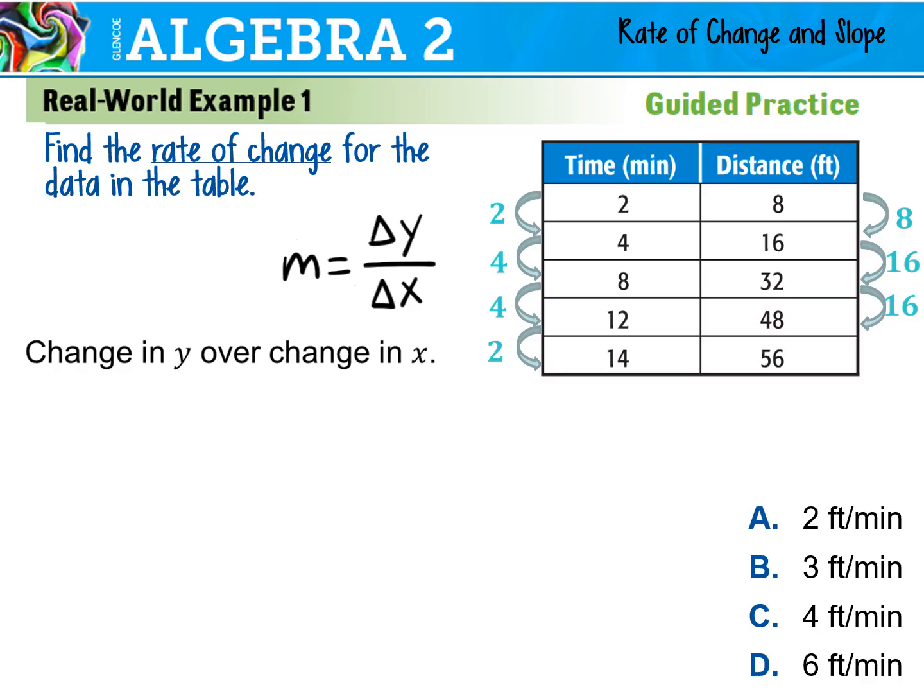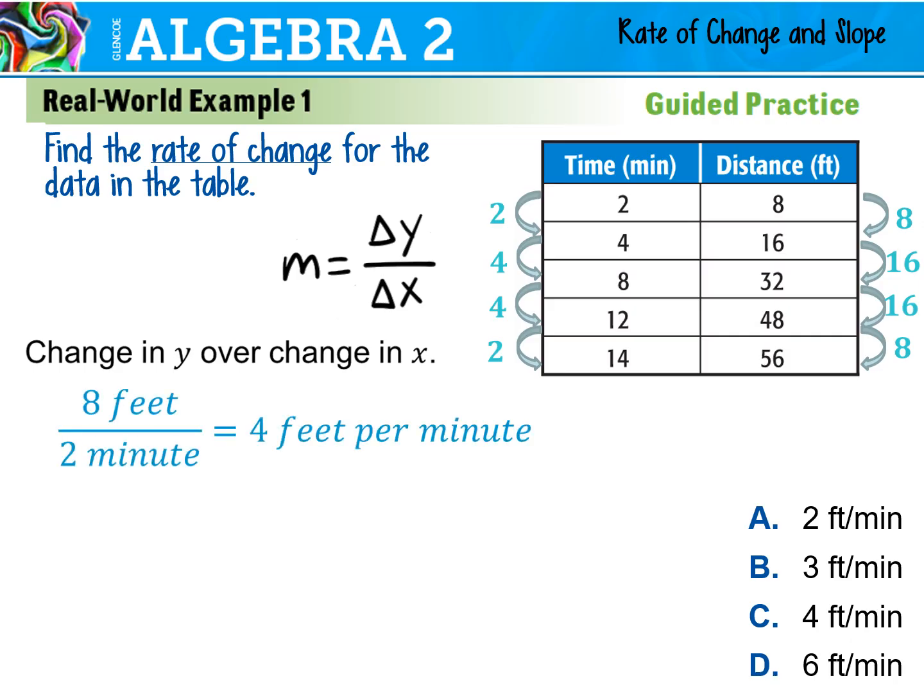Same thing here, going from 32 to 48, we're going up by 16, and 48 to 56 is going up by 8.